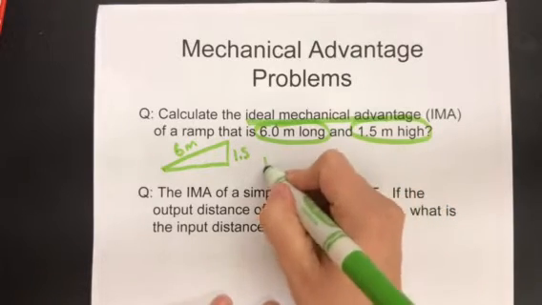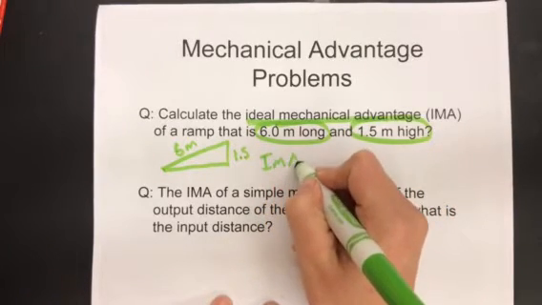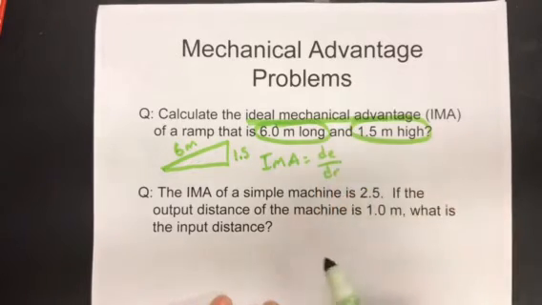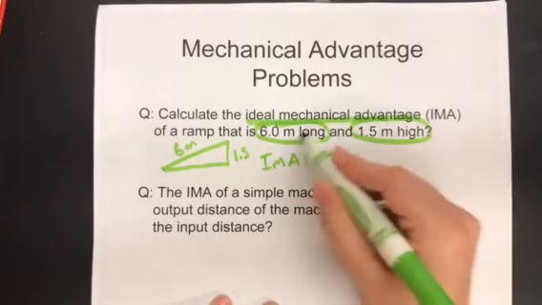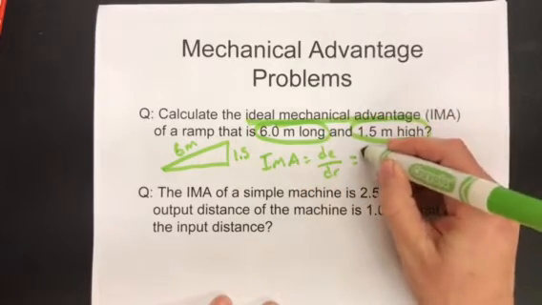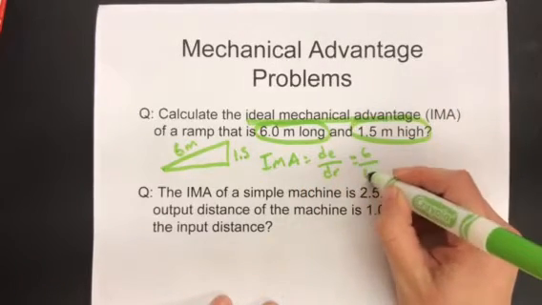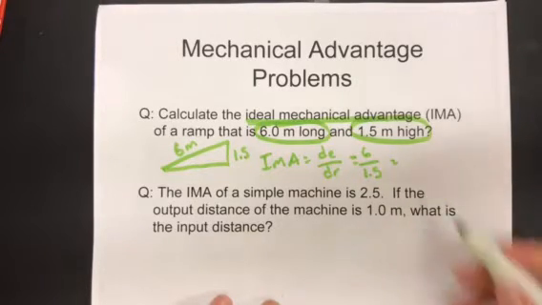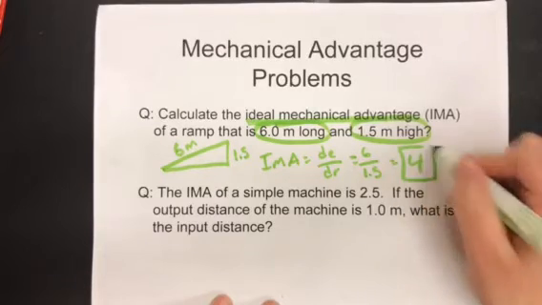Now remember, our formula is IMA equals DE over DR. Remember, whatever the person is doing is the DE. So that's 6 divided by 1.5, which gives you 4. And that is your answer.